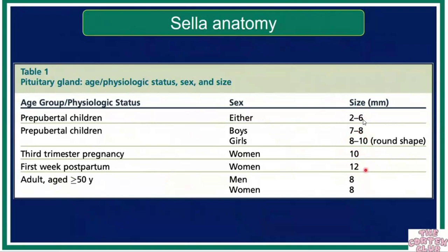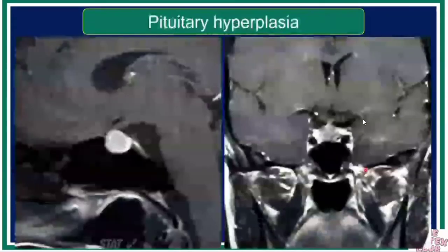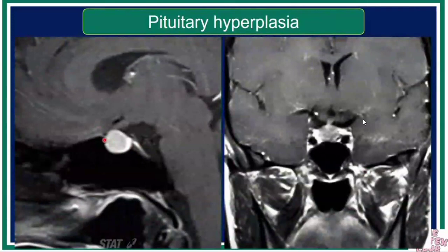And this is a good way to know whether or not we are dealing with something like pituitary hyperplasia, which can occur in postpartum patients, and can occur in patients who have primary hypothyroidism because of increased secretion of hormones from the hypothalamus, which are stimulating the pituitary gland.